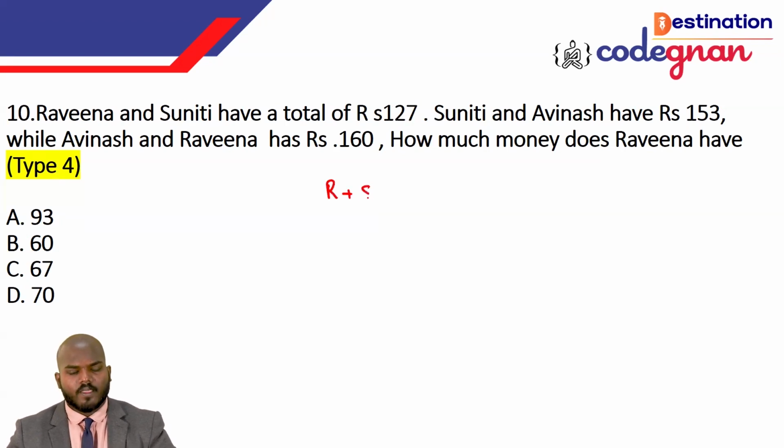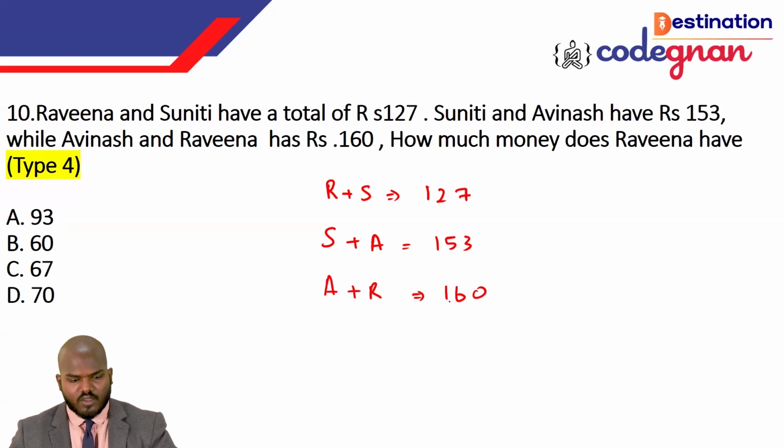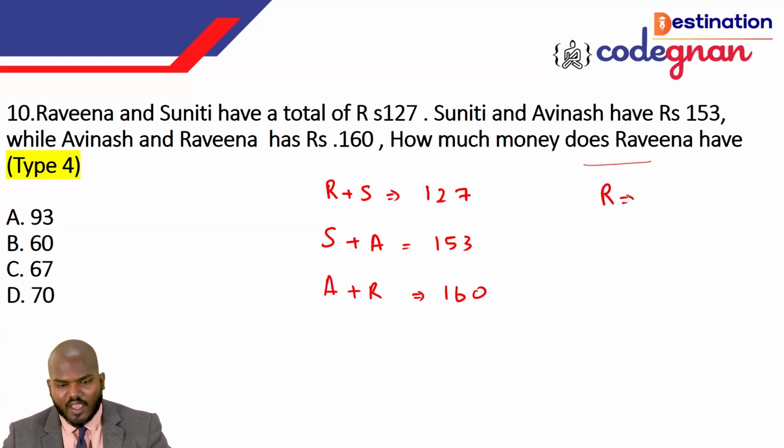Ravina and Sunithi combined have 127 rupees, and Sunithi and Avinash combined have 153 rupees. And they are saying that Avinash and Ravina have 160 rupees, 163 rupees. That's what they have given in this one. You need to find out how much Ravina has. What is the money that Ravina actually has?